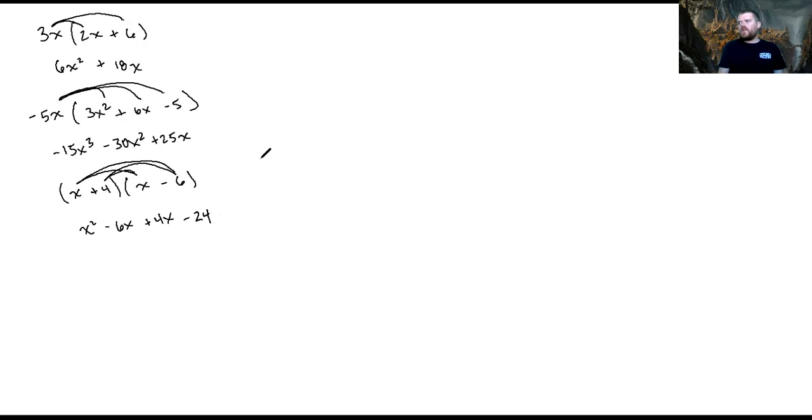If you have something other than a monomial being multiplied in, you're going to need to combine like terms. So for instance here, the -6x and the 4x could be combined. So my answer will be x squared minus 2x minus 24.